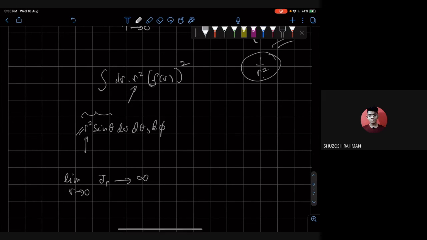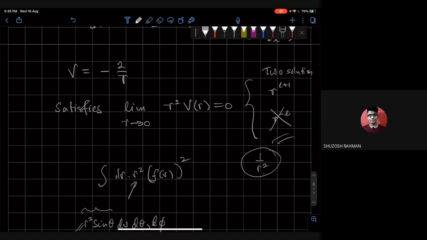So the probability current coming out of the origin was diverging. And whenever you have infinite probability, you know that something is wrong, something is unphysical. So that was the reason why we rejected this solution, and we kept this one. Yeah, that makes sense.